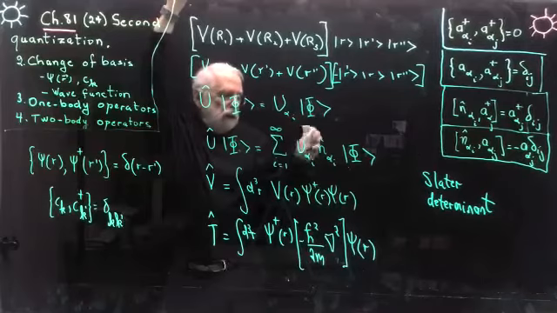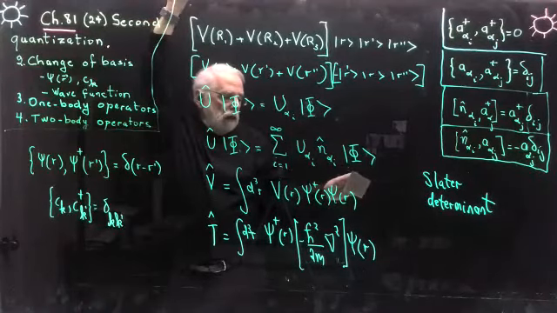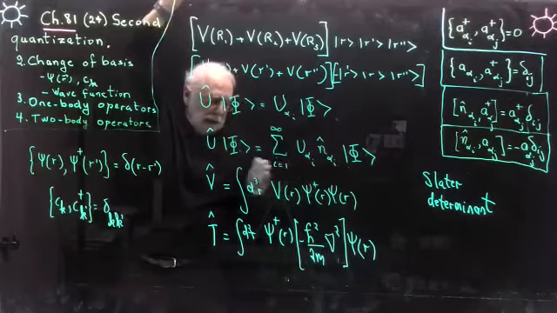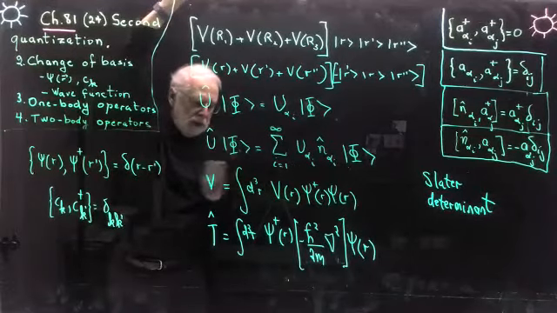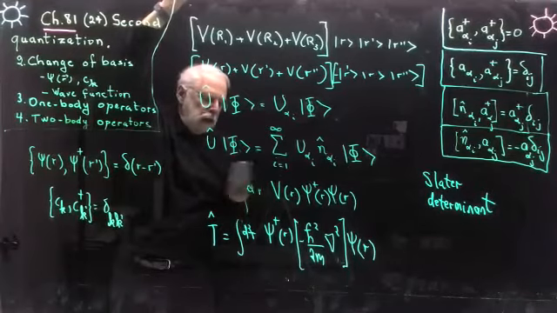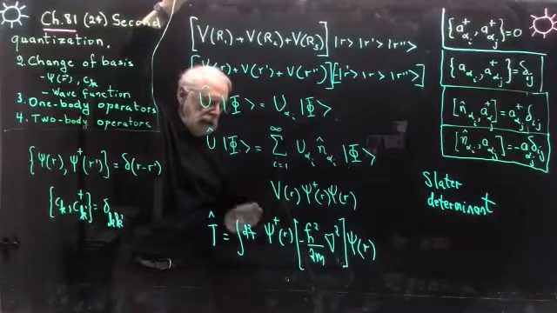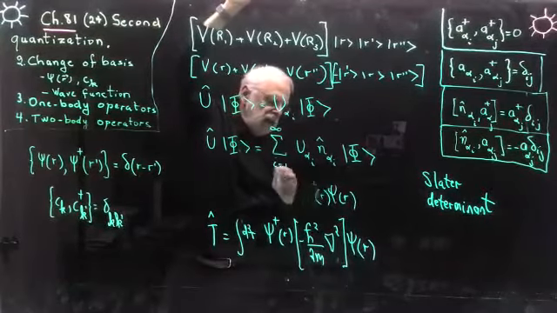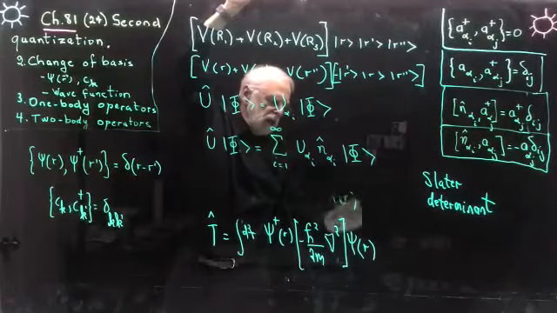Now, suppose that this thing is written in some other basis that's not the eigenbasis. So what would the operator look like? Well, first of all, we just use our change of basis formula.